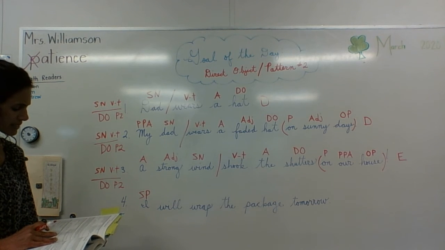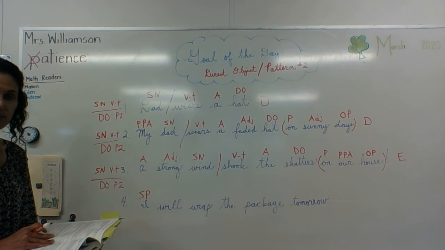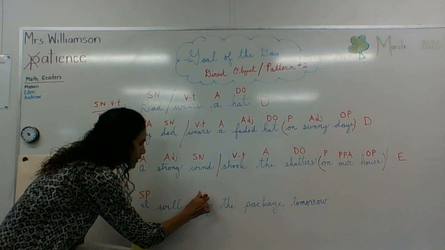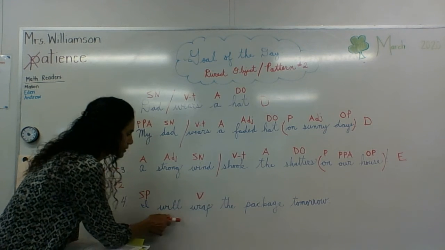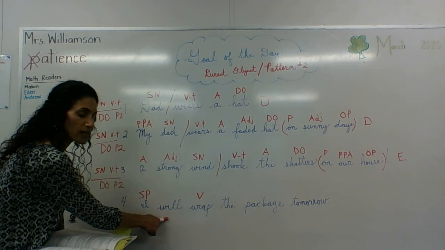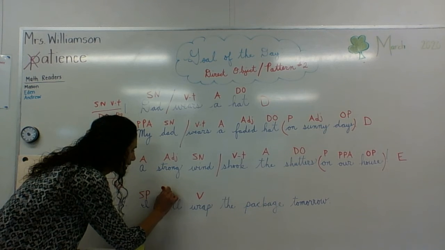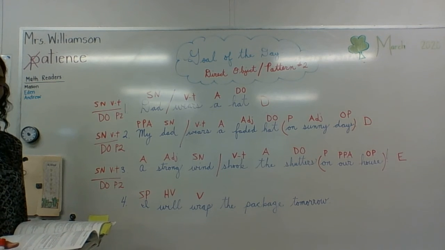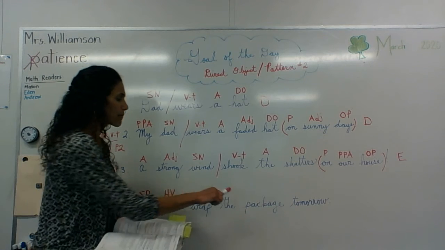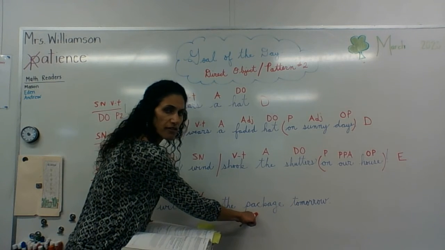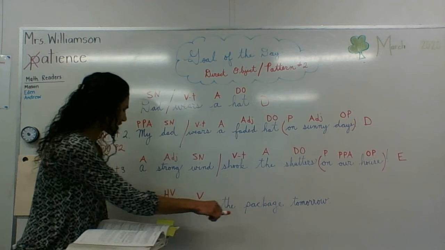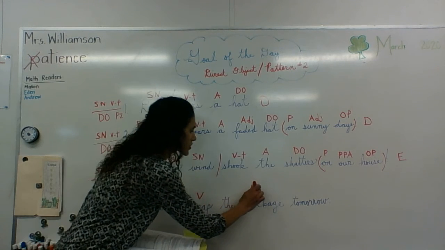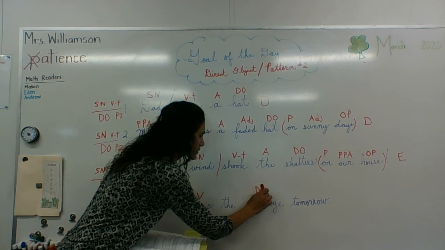What is being said about I? Will wrap. Wrap is our verb, but will is helping it, so this is our helping verb. Will wrap what? Package. Verify. Is package the same thing as I? No. So this is our direct object.